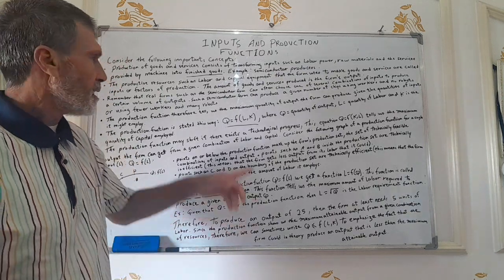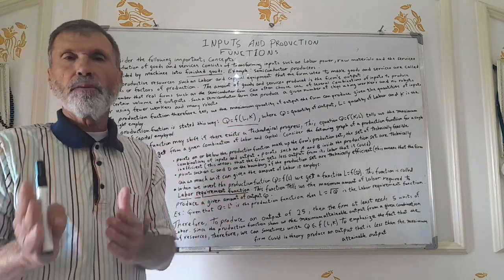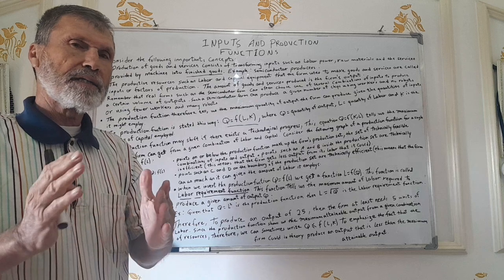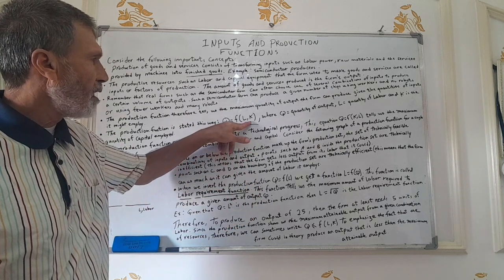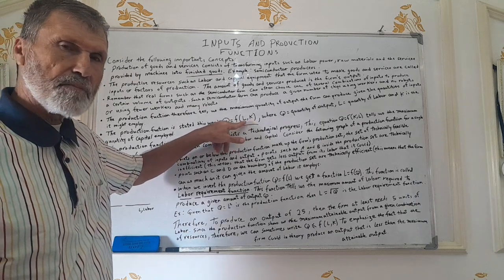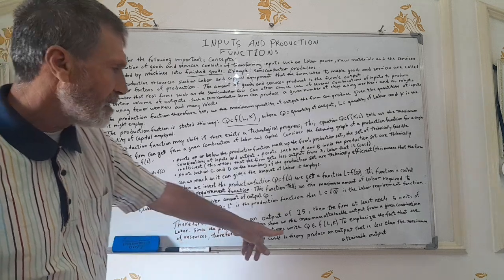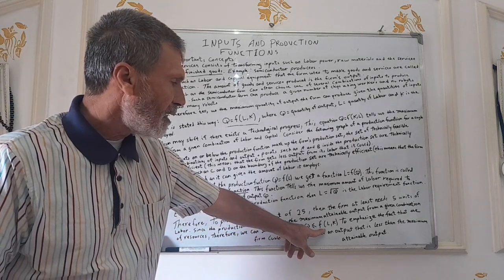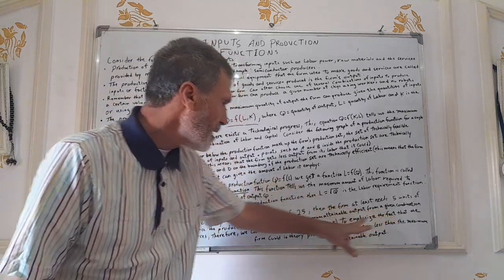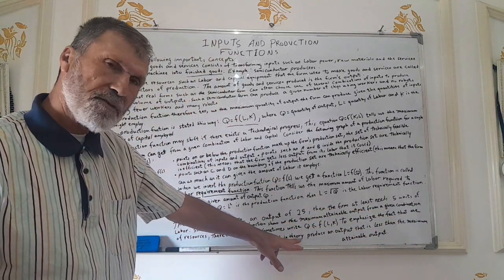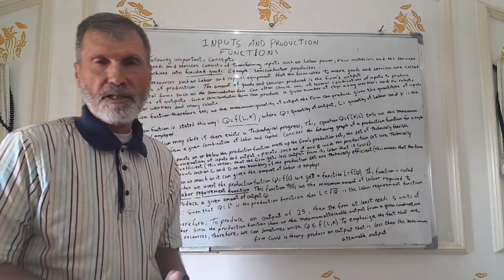So if we have two inputs used to produce Q, instead of saying Q equals a function of L and K, which shows the maximum level of output, we can write Q less than or equal to the function of labor and K. This is used to emphasize the fact that the firm could, in theory, produce an output that is less than the maximum attainable output.